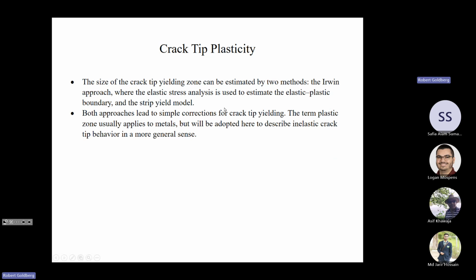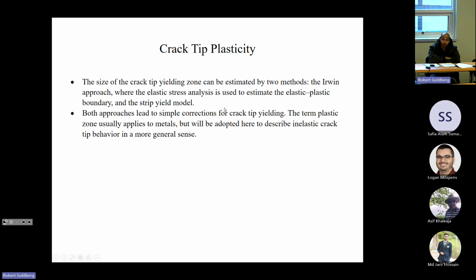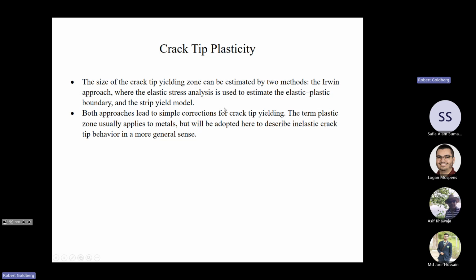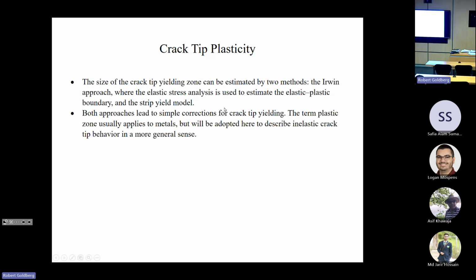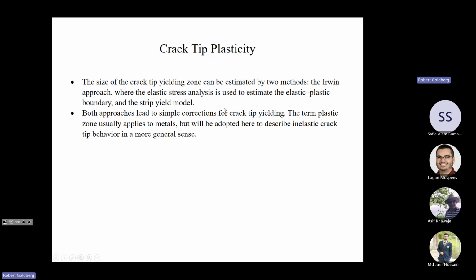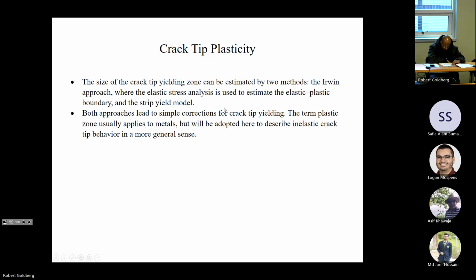So there are two relatively simplified approaches that have been developed to estimate the size of the crack tip yielding zone. The Irwin approach, which we'll talk about first, uses elastic stress analysis to estimate the size of the plastic zone, and another method is called the strip yield model.